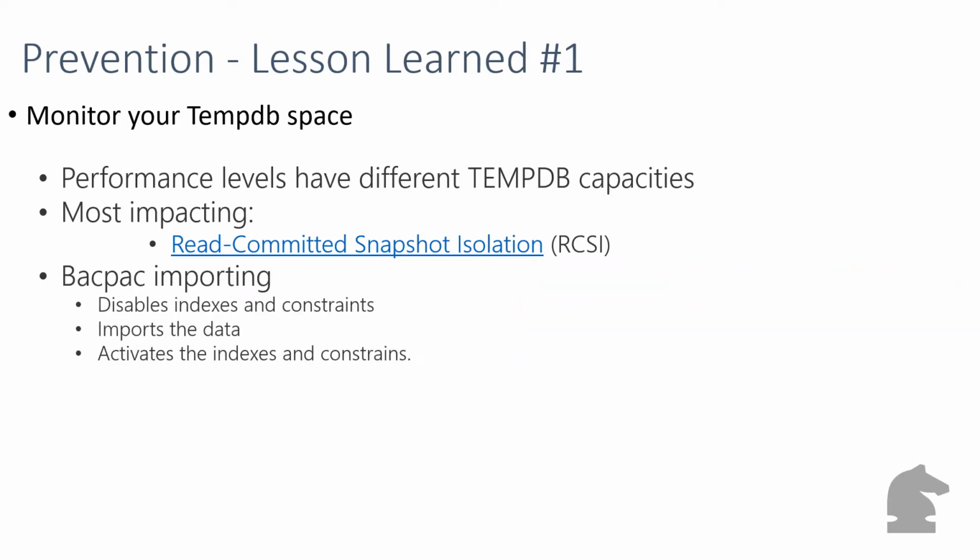For example, with BACPAC, the process is to first disable indexes and constraints, import the data, and then activate the indexes and constraints again. This process will be much faster, and you also avoid having very fragmented indexes.